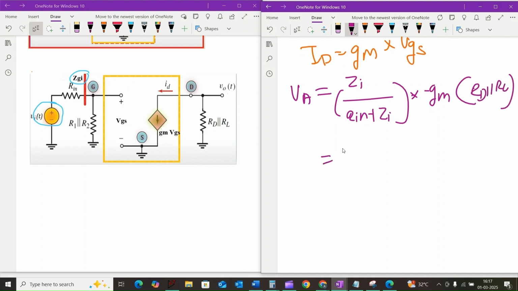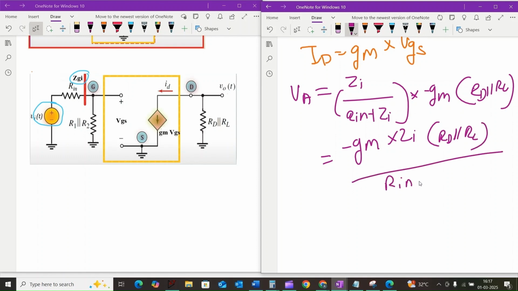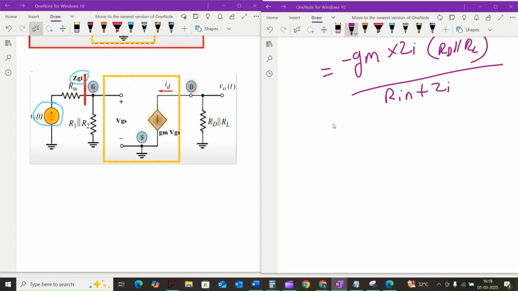So that is equal to minus GM into ZI into RD parallel to RL divided by Rin plus ZI. When we substitute the values, we will get the gain approximately equal to minus 78.61.